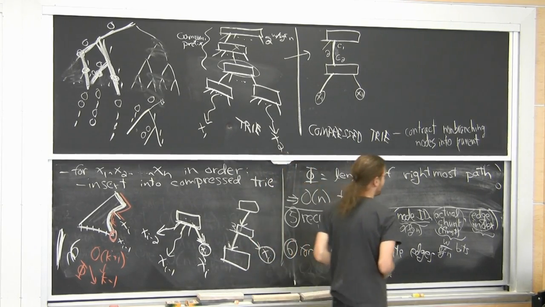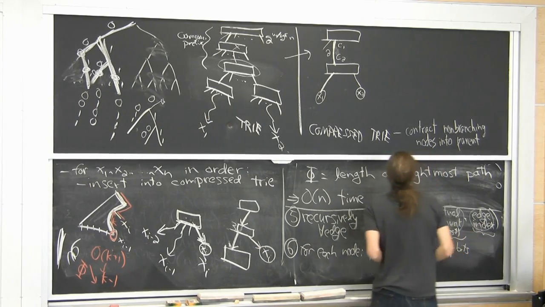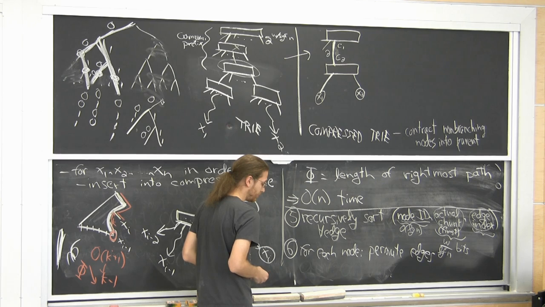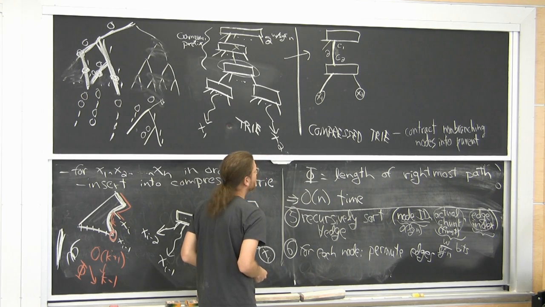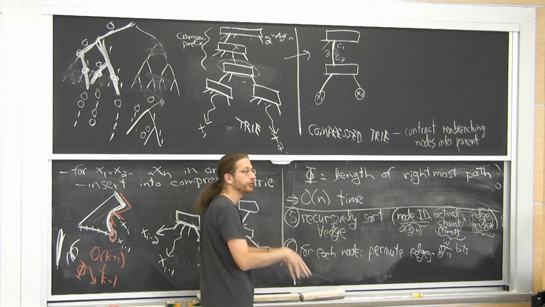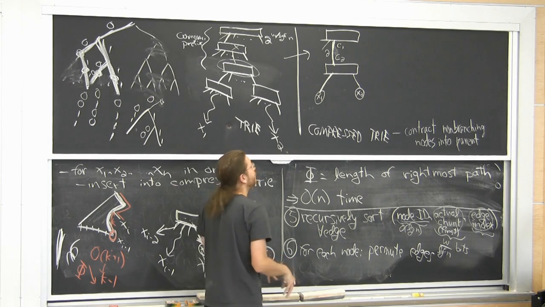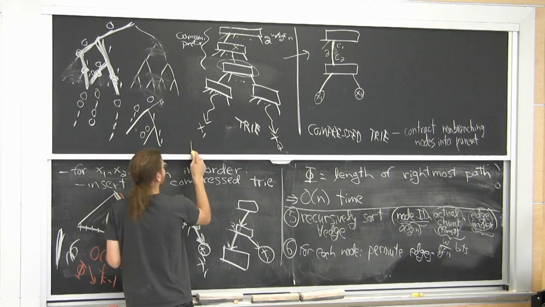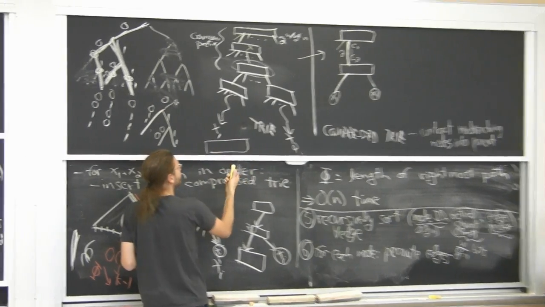Let me think for a second how these edge indices should be stored. I think I'd like to store the edge indices. I don't want to store the absent down pointers. The way that I built this compressed trie, I was always adding things to the right.